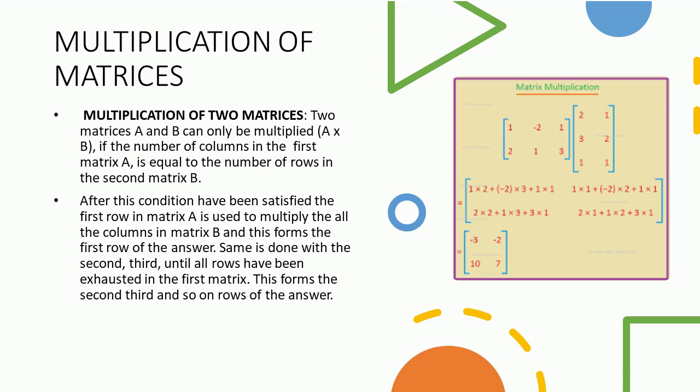You take the second row, multiply by the first column, take the second row again and multiply by the second column. If it was 3, then you also do it for the third one. You take the third row, multiply, and you keep going like that until you finish the number of rows and the number of columns you have in that question.